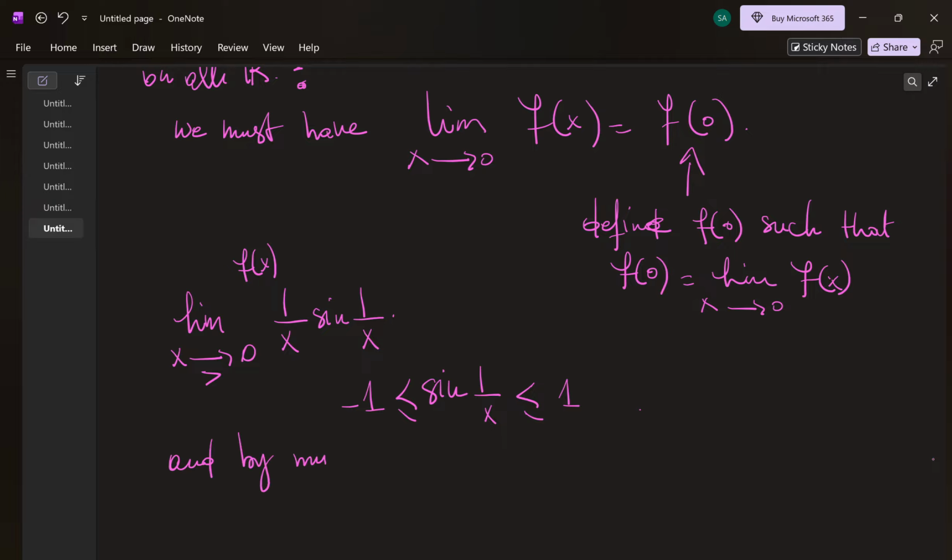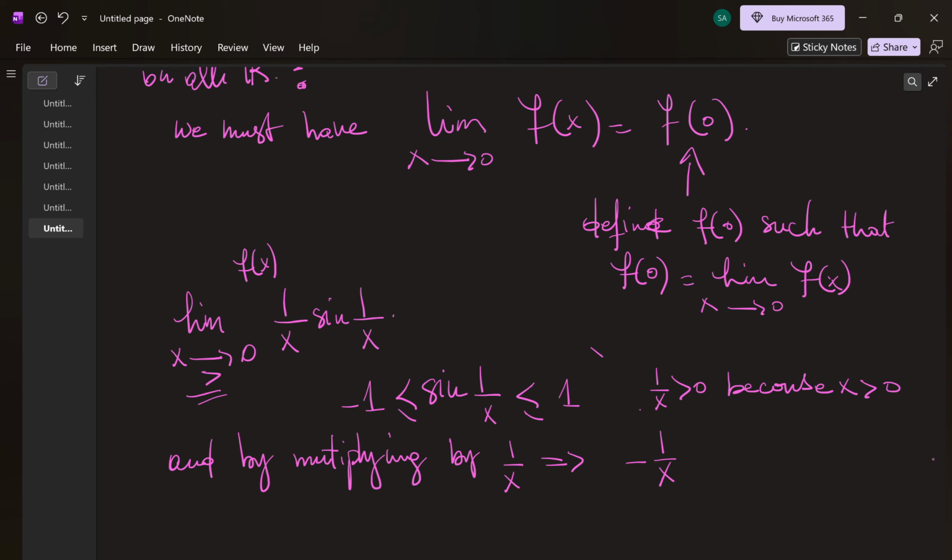By multiplying by 1 over x, which is greater than 0 because x is positive, I do not flip the sides of the inequality, so it remains like this: minus 1 over x less than or equal to f of x less than or equal to 1 over x.